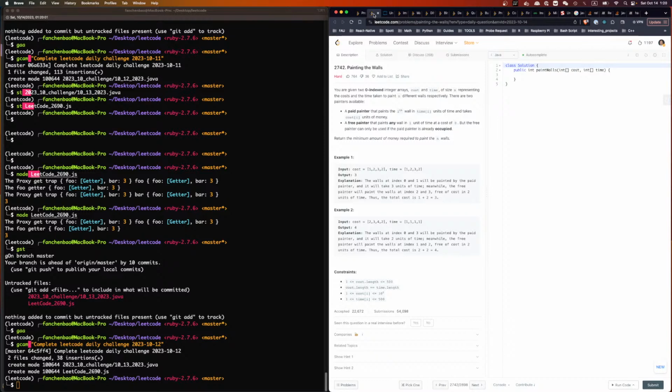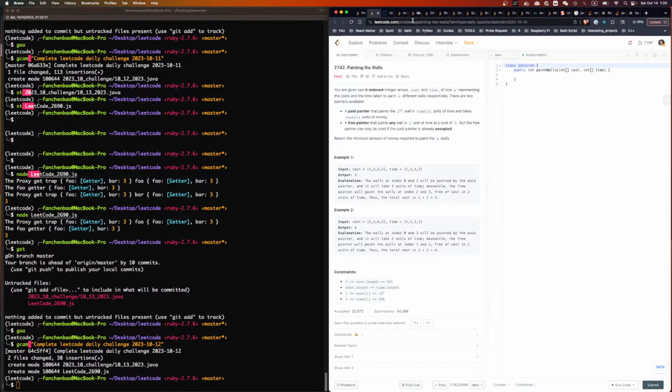1 unit of time, which just means we want to find the minimum amount of time. Yeah, so we have to use the paid painter anyway. So we use the paid painter. But if we paint only 1 wall, it will take a certain amount of time, while the other painter can paint.